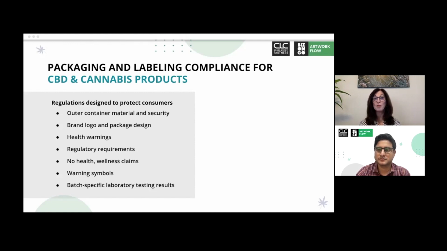But we can talk about tamper evident and say, well, some states do require that the outer package has a tamper evident seal and some don't. So, you know, each of these things, as I say, can be its own slide. And then, you know, what makes cannabis so complex is that each state then can have its own determination on how these are implemented. Again, they're similar, but different.